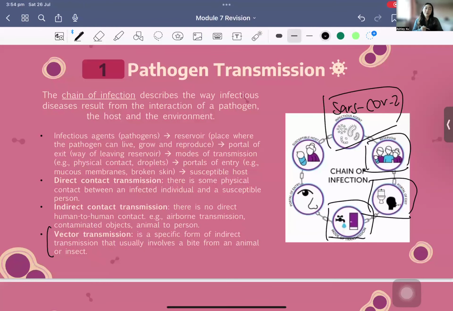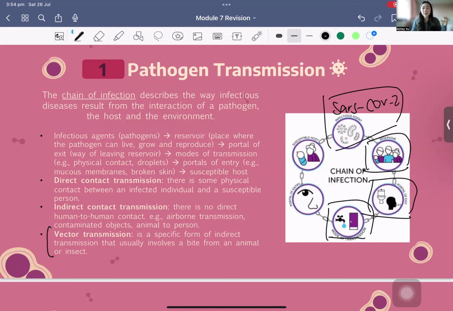One thing that I want to be very particular about is sneezing. Okay, sneezing can be a form of both direct and indirect contact. So if a person sneezes directly into your face and you breathe in those spit particles or it lands on your tongue, then that is direct contact.